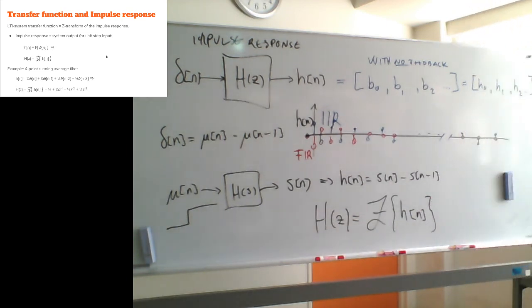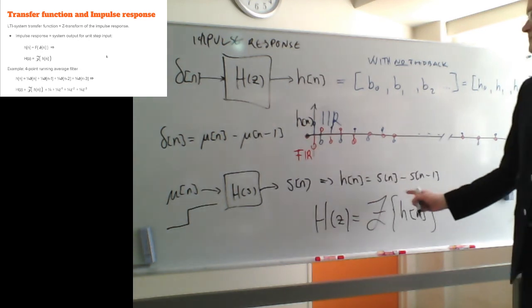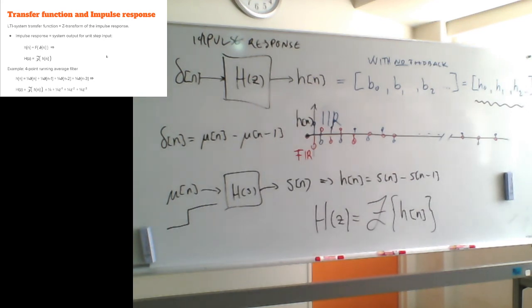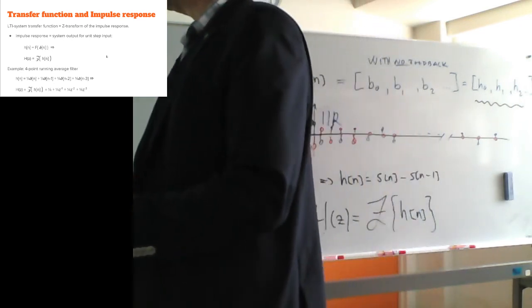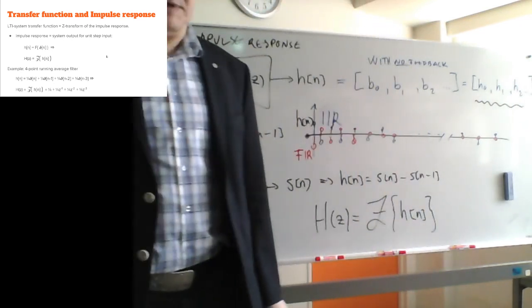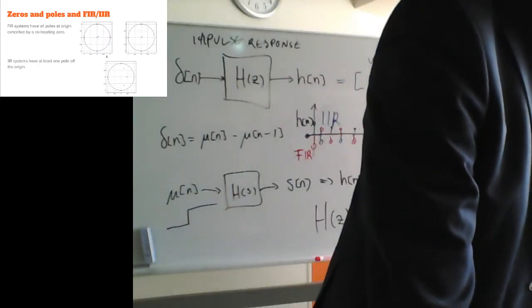Practically meaning, if a system has a finite impulse response, then these parameters would also be the system coefficients, which also shows up in this 4-point running average filter.